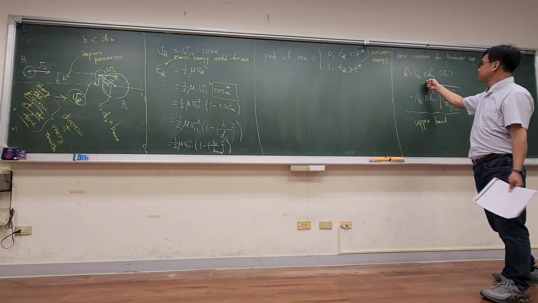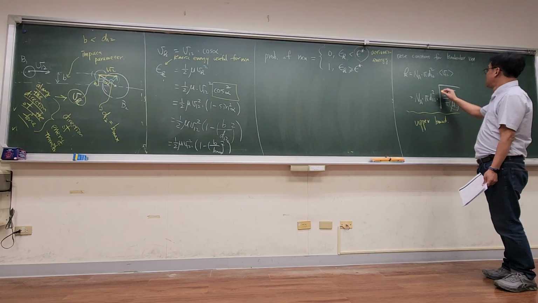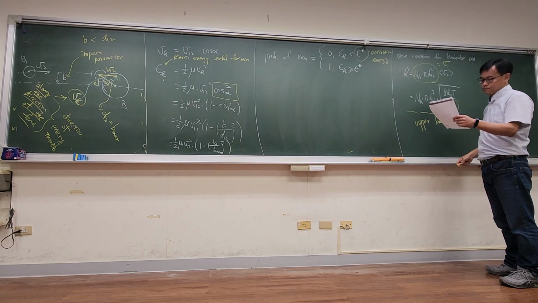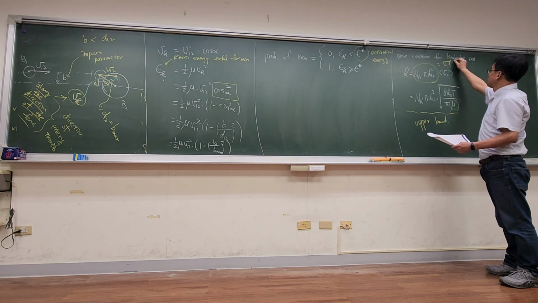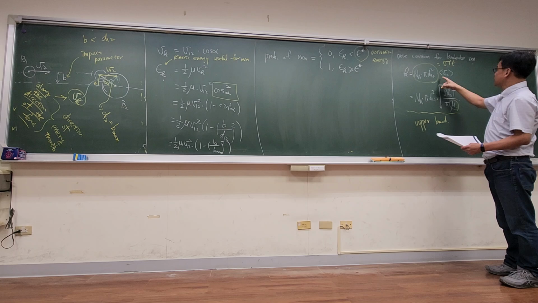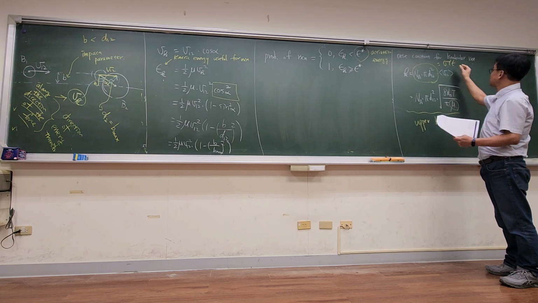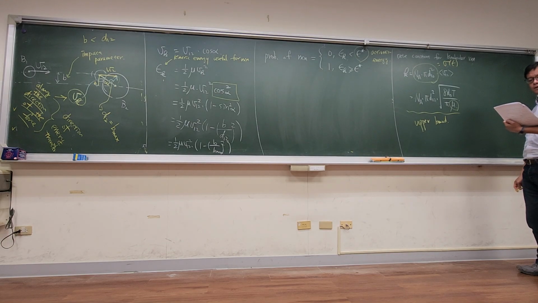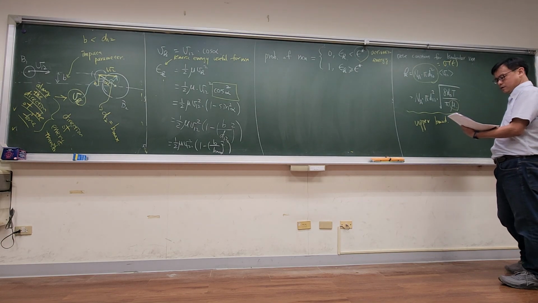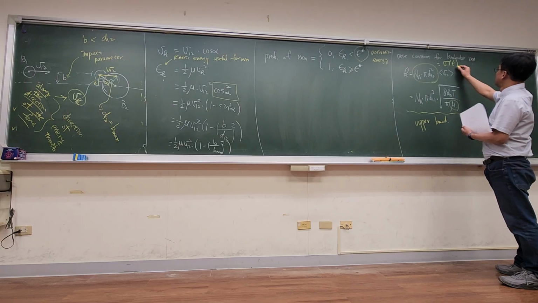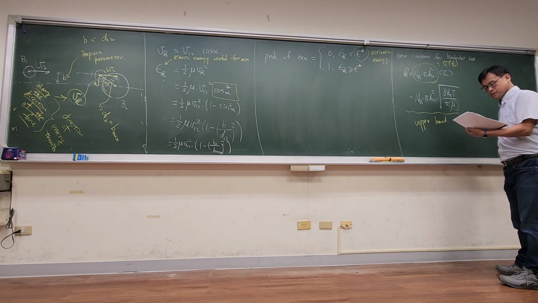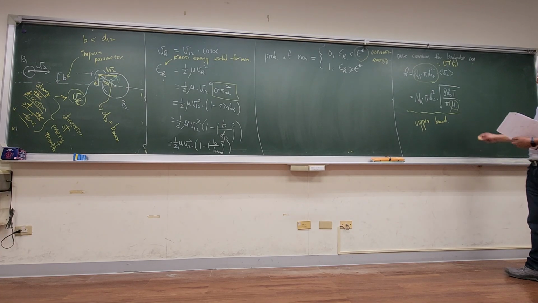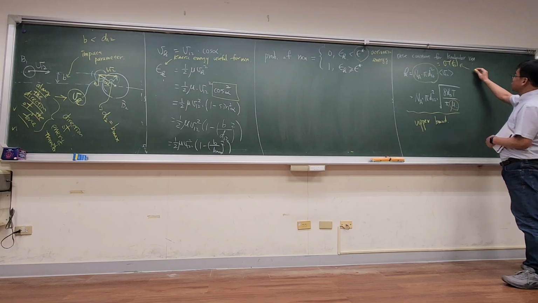So let's take this. Now let's define this part called sigma. And sigma will depend on the relative energy. This is called a cross section.